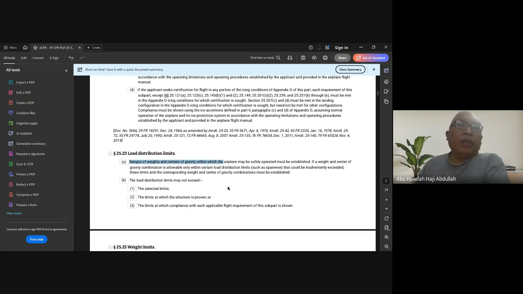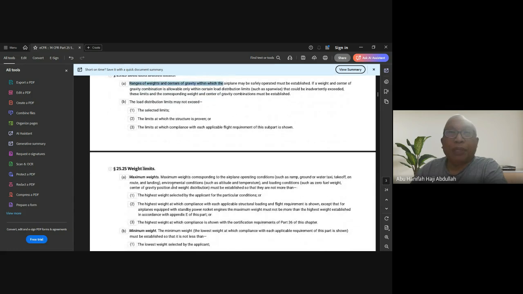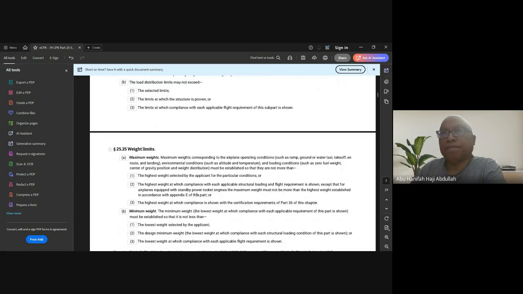If you are working on a current aircraft, where you are just doing modification or repair, you should look at what the aircraft has been designed to, what the limitations are, what the declarations in the design are, their maximum weight and minimum weight. You must establish a maximum weight and minimum weight if you are working on a new design, but if you are working on the current design to do repair or mod, you must maintain the work within the maximum and minimum weight. You cannot be outside this limit.